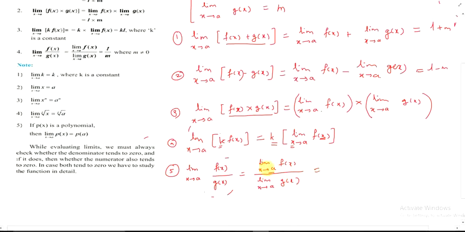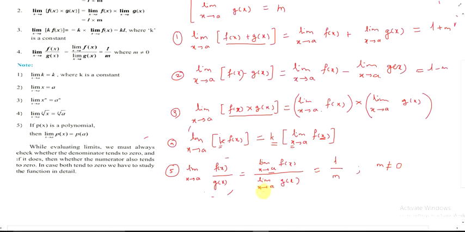We know that the limit of the numerator is equal to L and the limit of the denominator is equal to M. We have already mentioned it. These limits exist and these are L and M respectively. But here what should be the condition? The limit of the denominator should not be equal to 0.